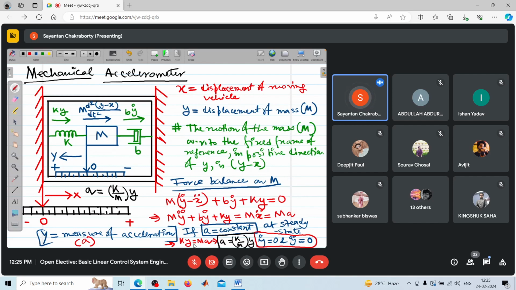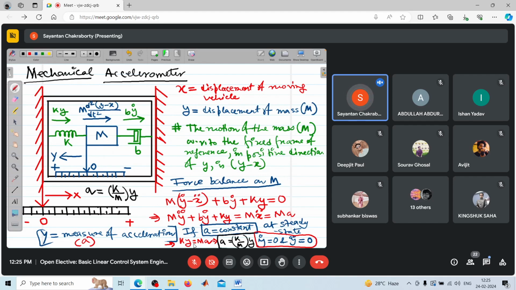See, if the body is moving in this direction, it will get deflected in this direction and the spring will tend to oppose that motion, and it will produce enough force such that the entire frame of the body and the mass are accelerated in the same direction. So the equilibrium condition will be reached.